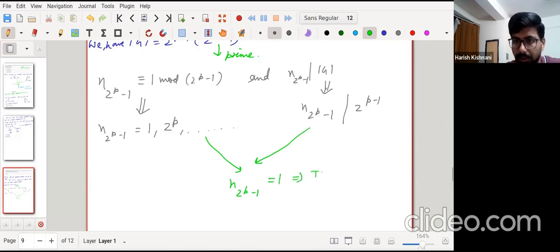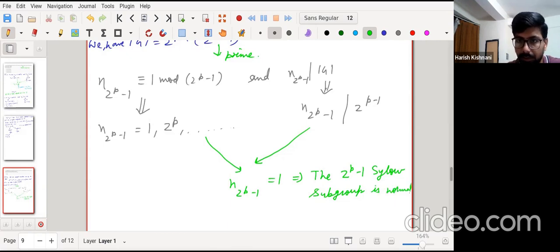the 2^p minus 1 Sylow subgroup is normal in G, and that implies G is not simple.